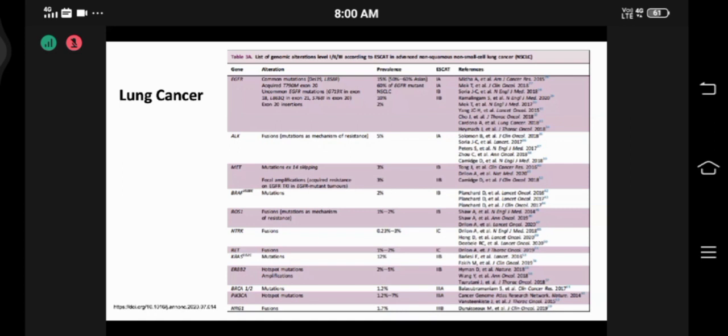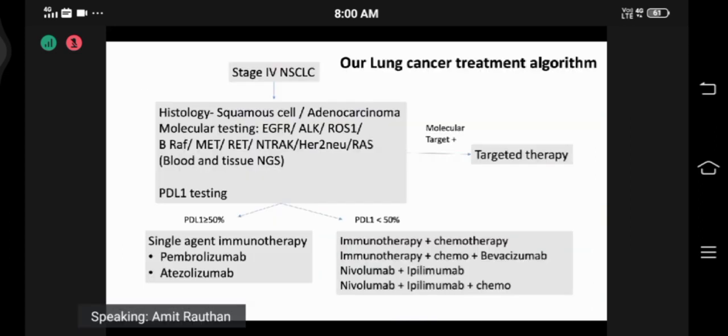Okay, so lung cancer was the poster child. We have targeted therapies for all these abnormalities, and we have patients whose survival has improved by doing all these kinds of testing and treating it in various ways. What is our lung cancer algorithm nowadays? When we see stage 4 lung cancer, we just differentiate adeno and squamous, and then we send a molecular test. And if a molecular testing abnormality is present, then we treat with targeted therapies, irrespective of the PD-L1.